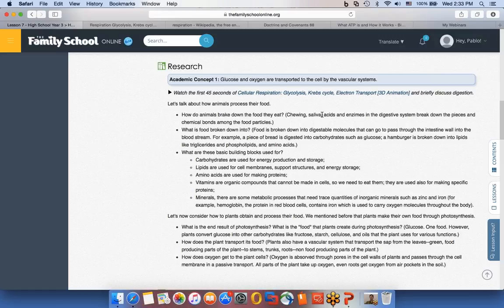So carbohydrates act in energy production, and the lipids, the amino acids, all these things are broken down and can be digested in the cells. That's for the animals, and then it goes into plants.